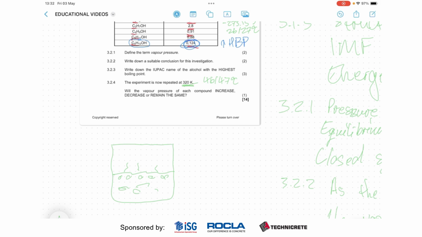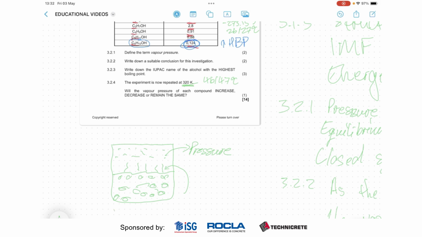Of course, it's a closed container, so we have our vapor coming off and collecting up here. How easy it is for the vapor to come off and increase the pressure here depends on how much energy these atoms in the liquid have.